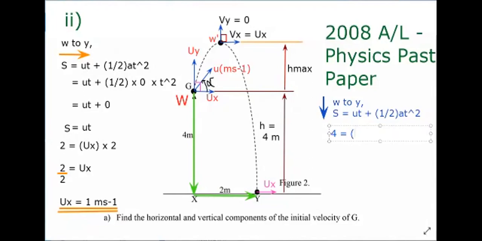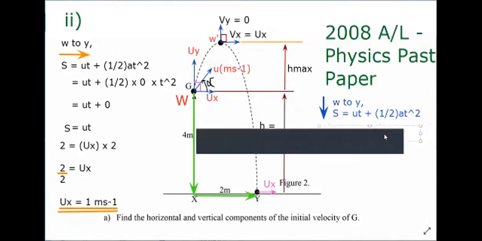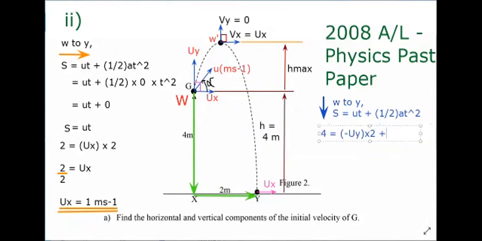The time taken for the total motion is 2 seconds, right? Minus Uy into 2 seconds plus half into downward acceleration. Lamai, when an object is moving freely under gravity, what should be its downward acceleration? Somebody unmute the mic and tell me, dear.